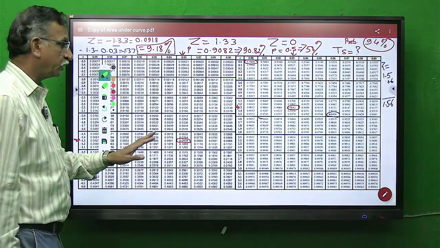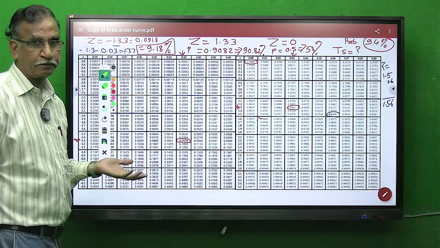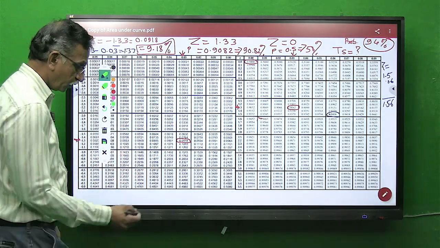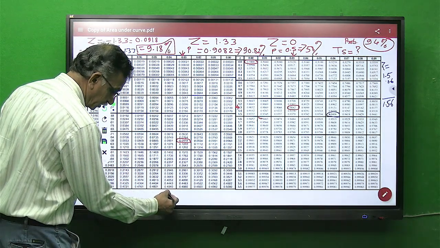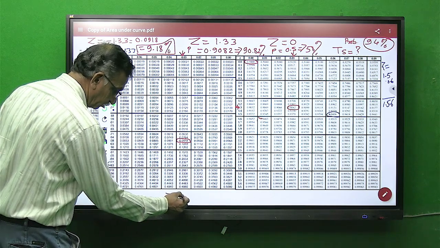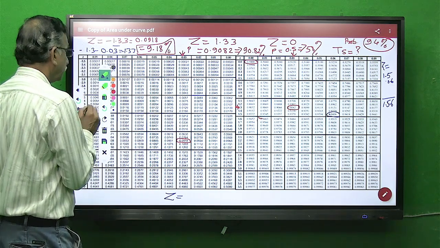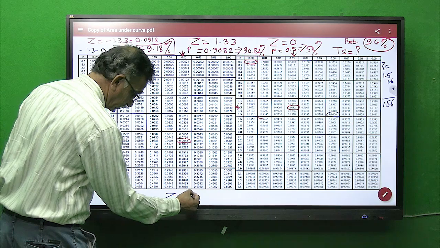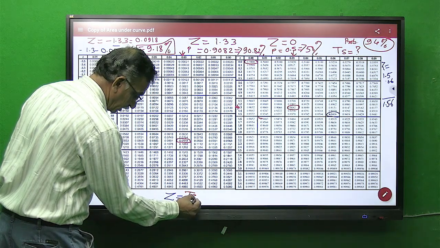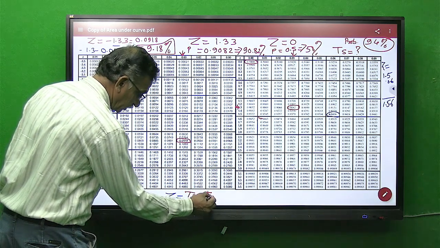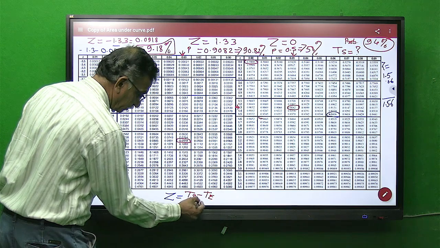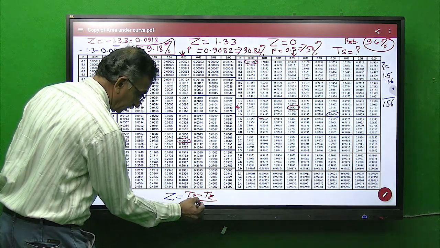If this is done, then we can go back again to the relationship. The relationship is Z is equal to (TS minus TE) upon sigma CP.